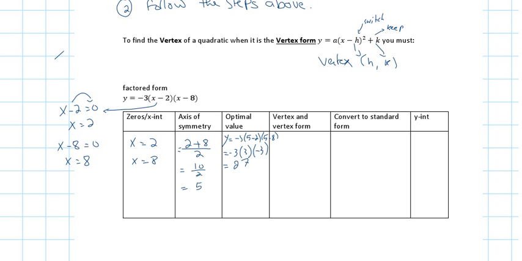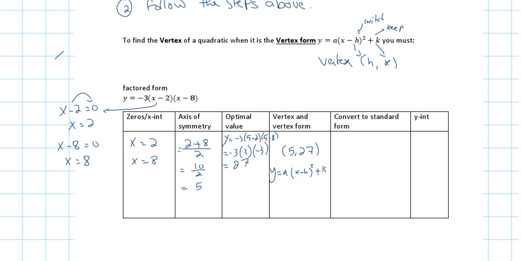So this is asking you also for the vertex form. How do I write the vertex form? a(x minus h) squared plus k. Let's fill in the values. What's the value of a? -3.